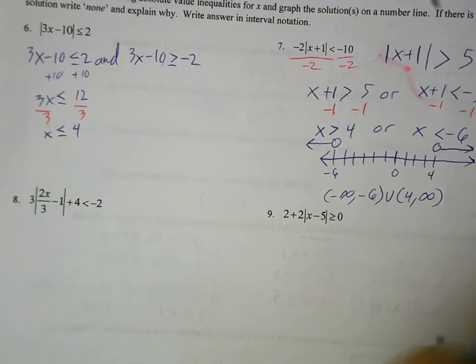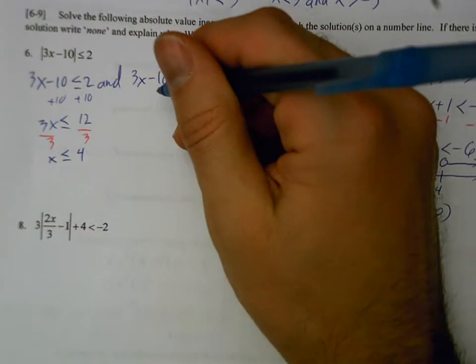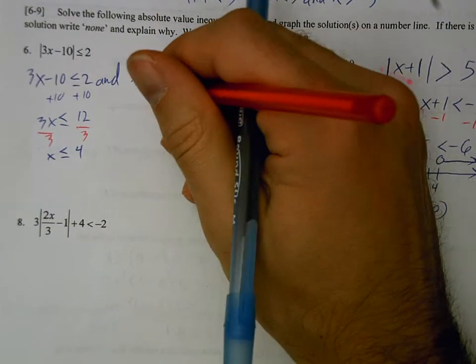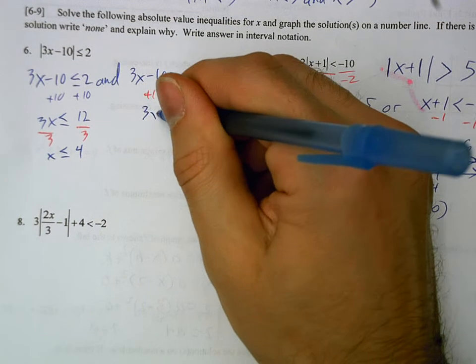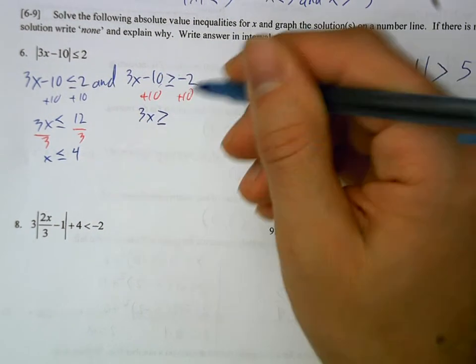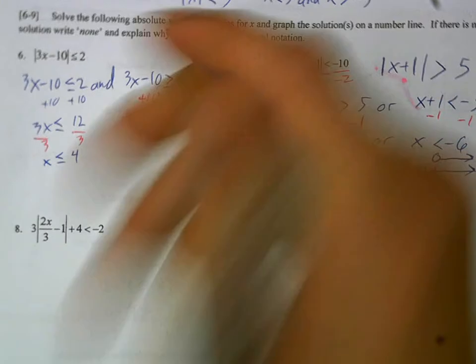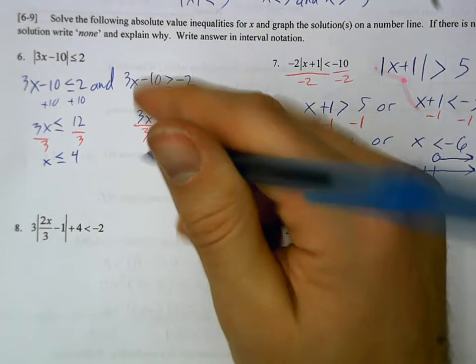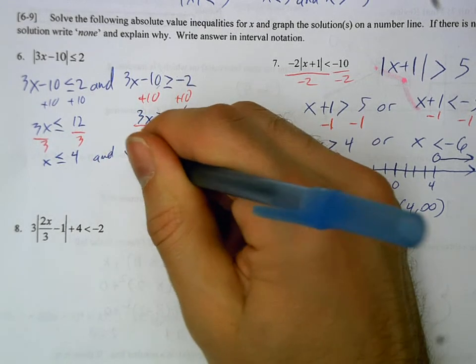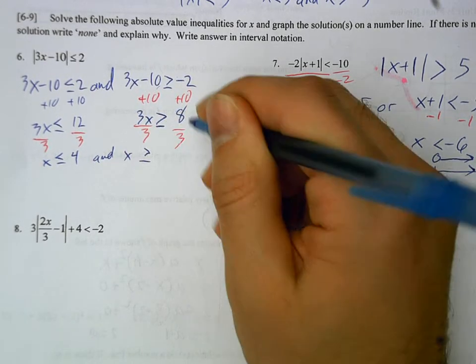We add 10 to both sides in the same way, but now I get 3x is greater than or equal to +8. Divide both sides by 3, and I get x is greater than or equal to 8/3.